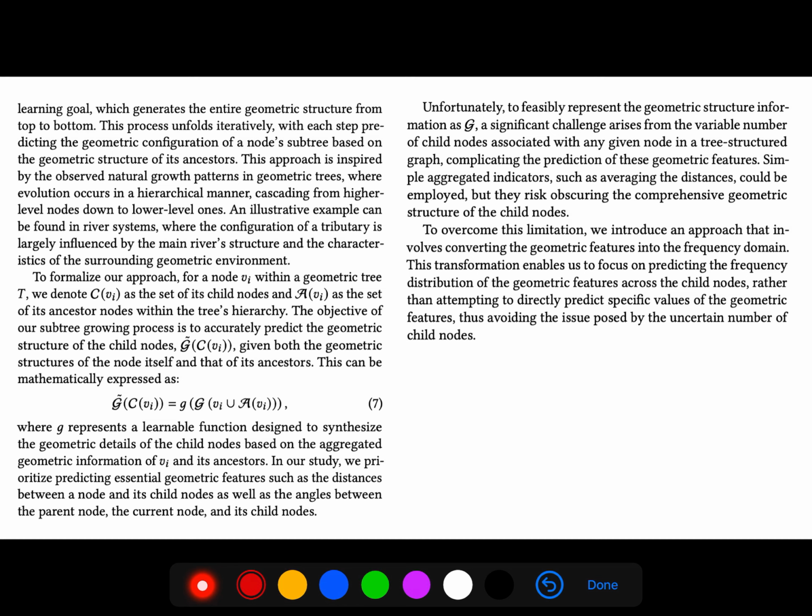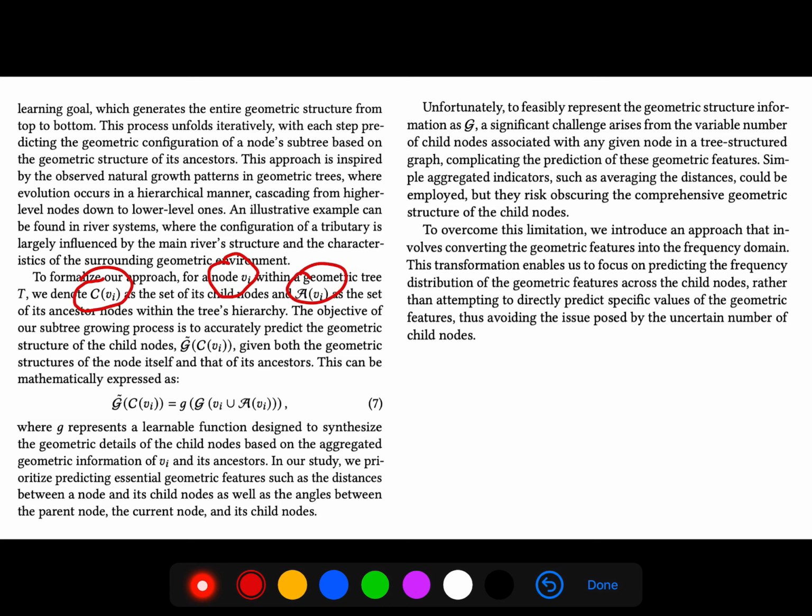To formalize our approach, for a node v sub i with a geometric tree T, we denote C as a set of child nodes and A as a set of its ancestor nodes. The objective of our subtree growing process is to accurately predict the geometric structure of child nodes, given both the geometric structure of the node itself and that of its ancestors.